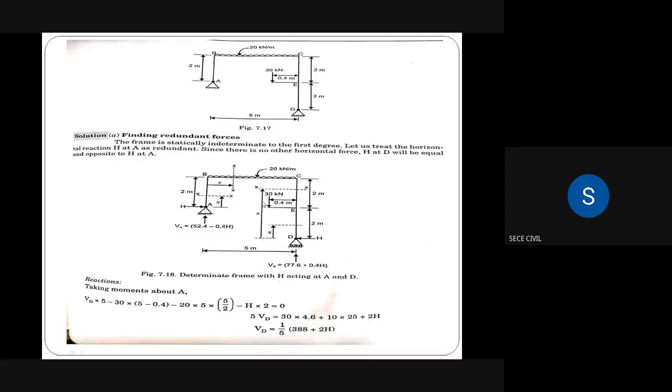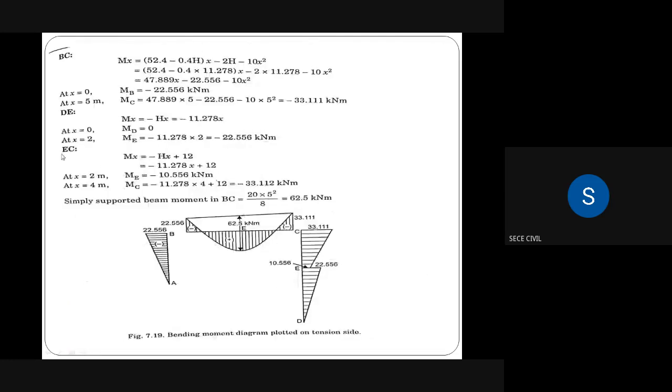So x is equal to 2 means point E, and x is equal to 4 means point C. So for portion EC, the boundary conditions are x is equal to 2 meter and x is equal to 4 meter, and we get moment at E and moment at C. Both values will come. So ME is minus 10.556 kilonewton meter. Moment at point C is minus 33.112 kilonewton meter. After calculating the final moments, we draw the bending moment diagram.